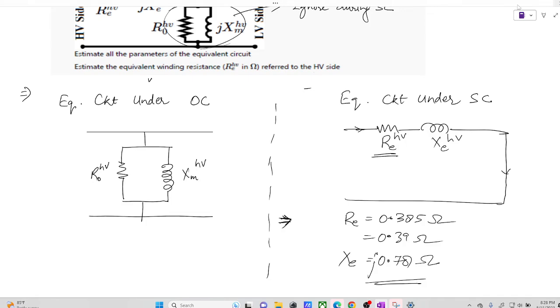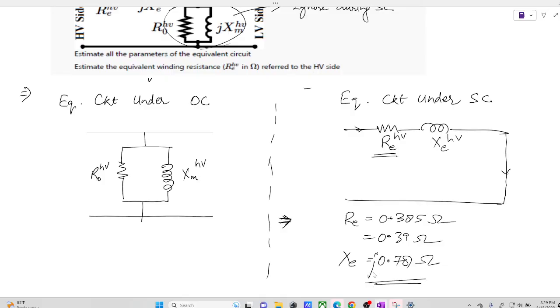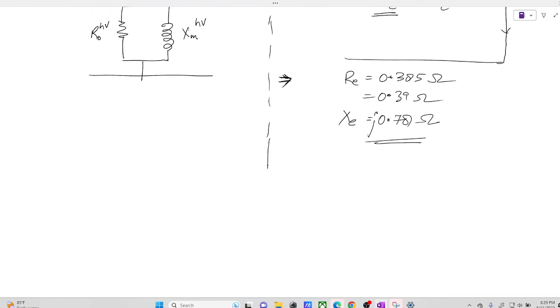Is everyone able to solve? Further, I am giving you the solution for how to solve.